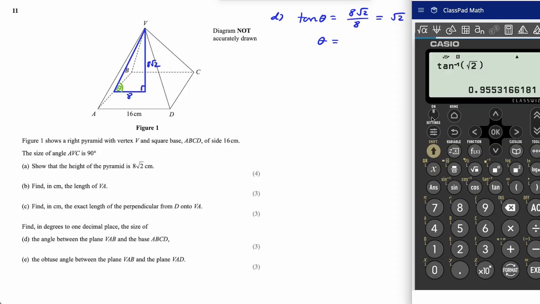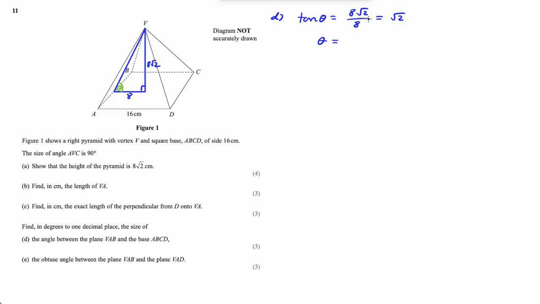I'm in radians, guys. I want degrees, please. Okay, can I do that again? The inverse tan of root 2 is 54.7 to 1 decimal place.